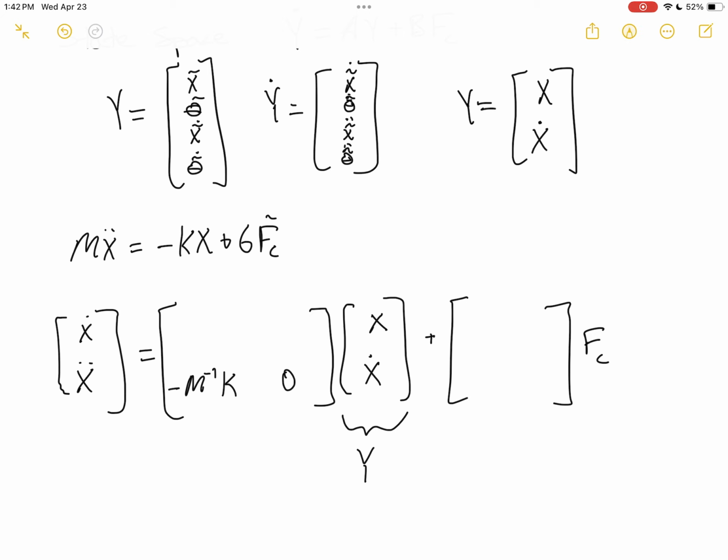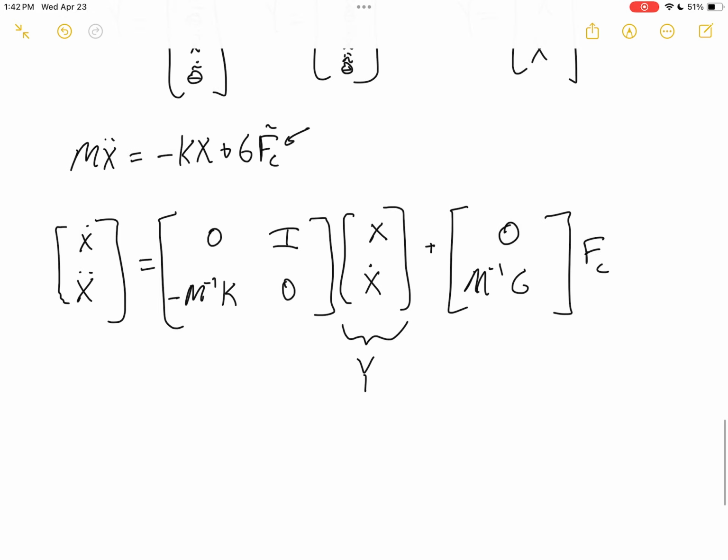And then x dot is equal to itself: 0 times x plus the identity matrix times x dot. x dot doesn't have any f_c terms, but x double dot will have this term right here, multiplied by M inverse times G f_c.